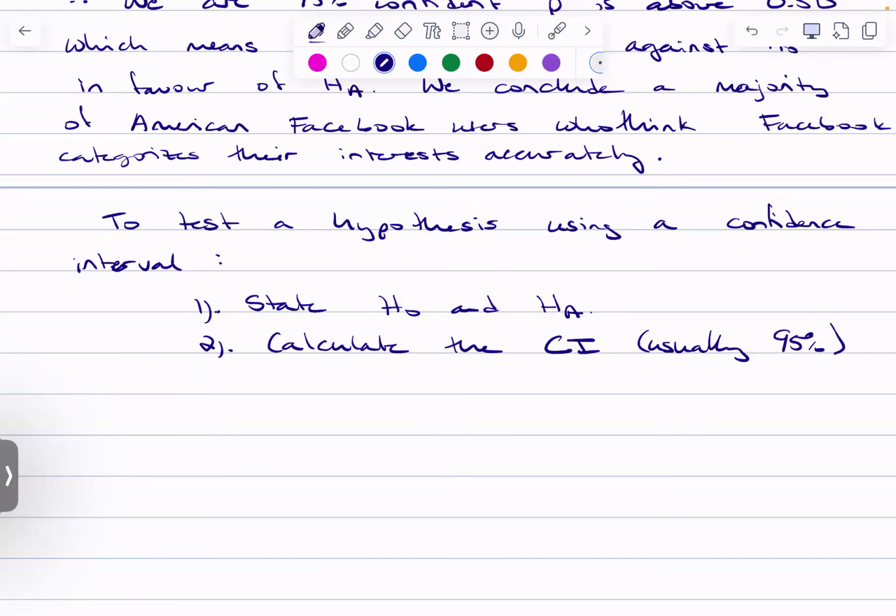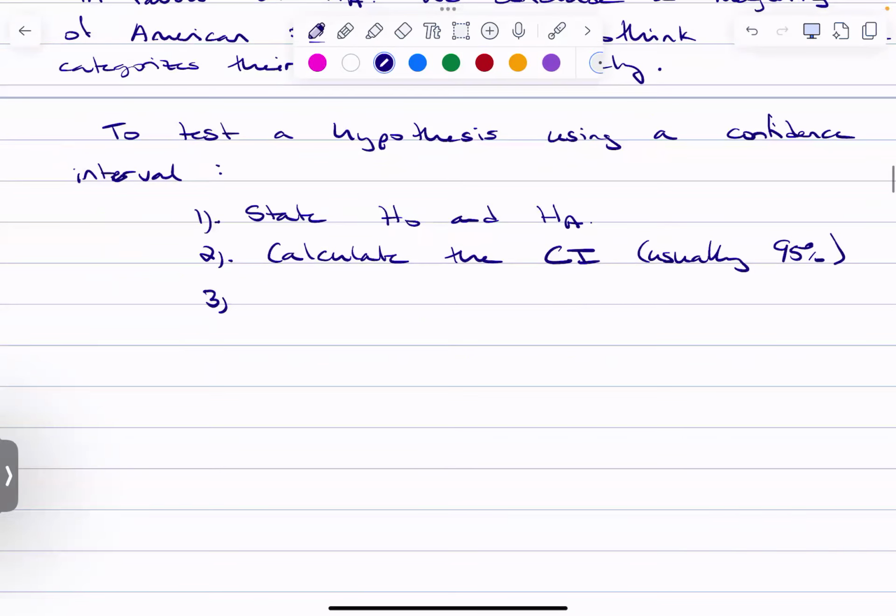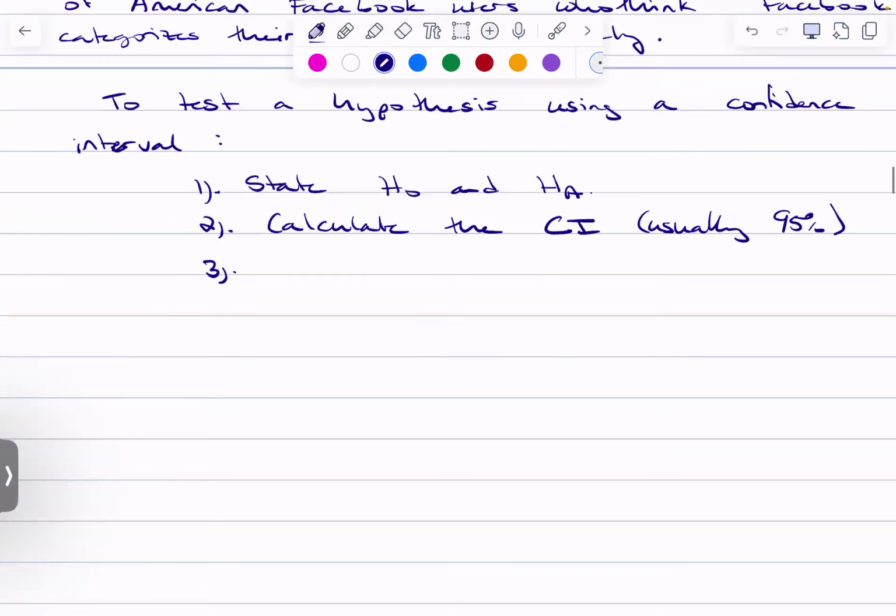So you want to calculate the confidence interval, and then see if the null value is inside the interval, or if it's outside the interval, then that's evidence against H naught.